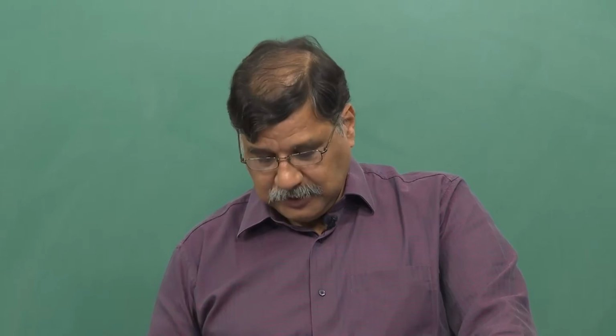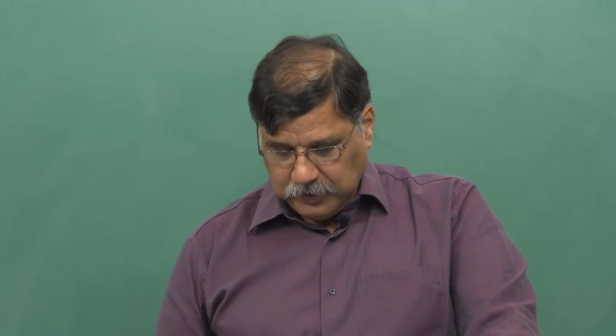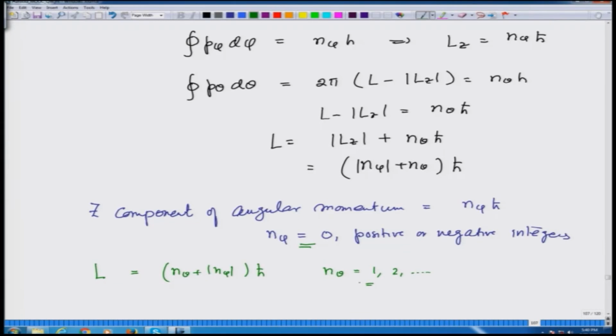We are excluding 0 angular momentum. Now we have got two quantum numbers, n theta and n phi. N theta plus mod n phi is related to the total angular momentum, and n phi is related to the z component of the angular momentum.